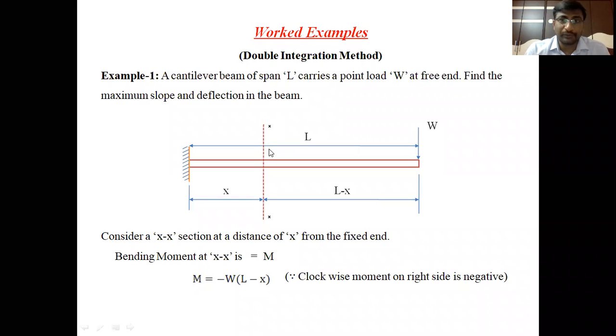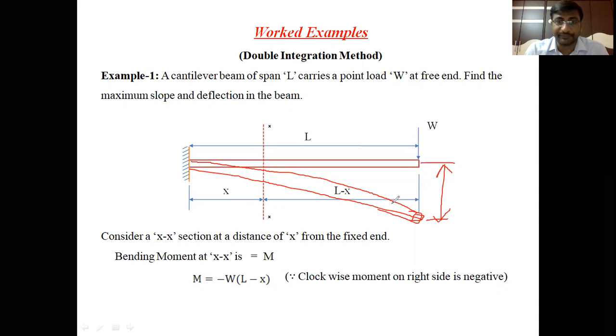So how do we find the maximum slope and deflection at the free end? After loading, the beam bends like this. Here one end is fixed and the other is free. At the free end, the deflection of the beam is maximum. The vertical displacement of the beam at the free end is maximum, and slope is also maximum at the free end.